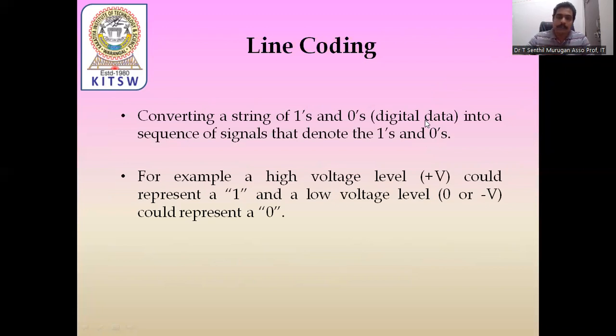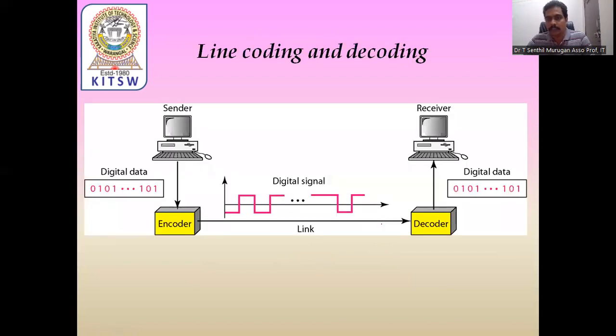For example, if there is a high voltage level plus V, I represent 1 equal to positive voltage, and 0 equal to low voltage or negative voltage. Like that we are going to represent some forms of representation.